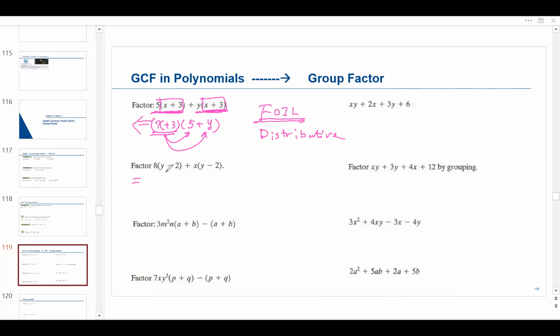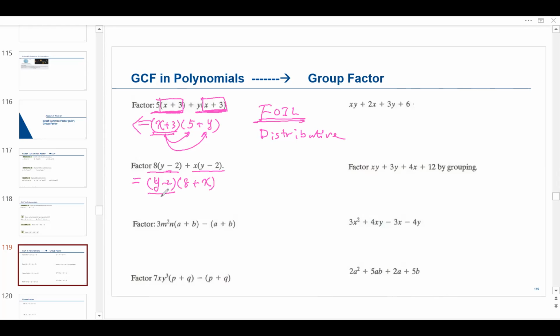So we can easily see this kind of example. Here, y minus 2 is one of the factors. So y minus 2 is the common factor. We take it out, and the rest is here.